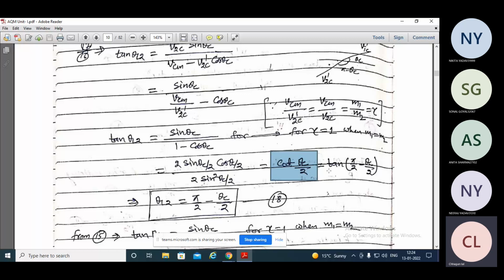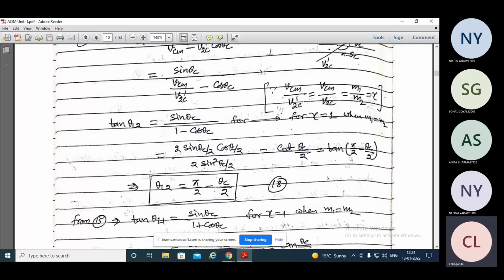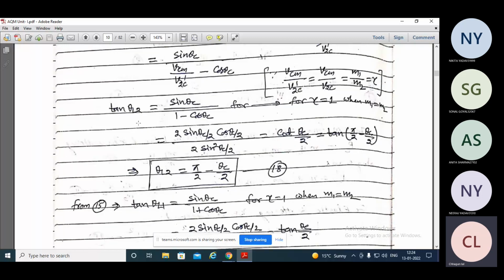And we can represent this in terms of tan theta, because here on the left side we have only tan theta. So you can represent tan of pi by 2 minus the theta C by 2. Now tan theta L2, you can compare on the left-hand side and right-hand side, tan of pi by 2 minus the theta C by 2.